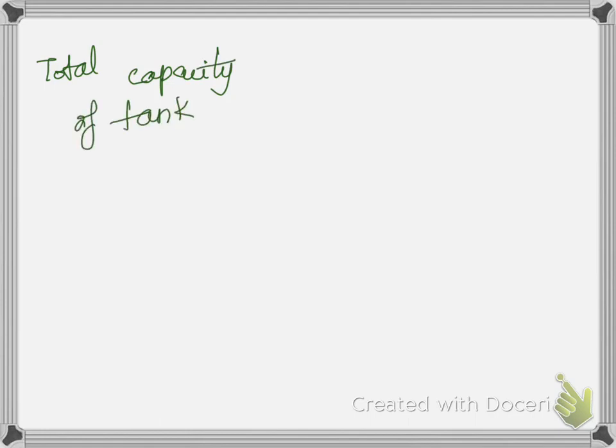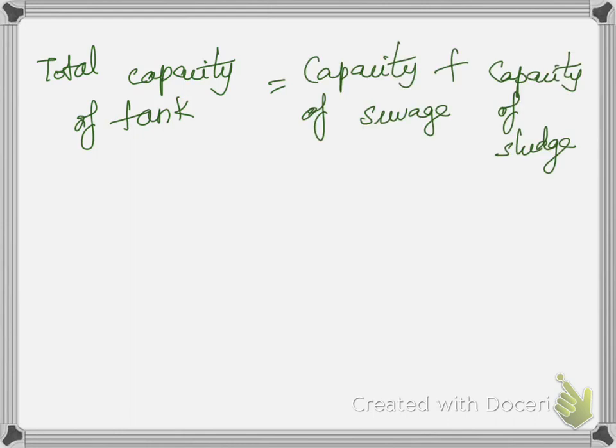Now we have to determine the total capacity of the tank. So how to determine the total capacity of the tank? We can see that it is the capacity of sludge plus the capacity of sewage. The capacity of sewage we have already calculated as 11,520, and the capacity of the sludge is 3,600.